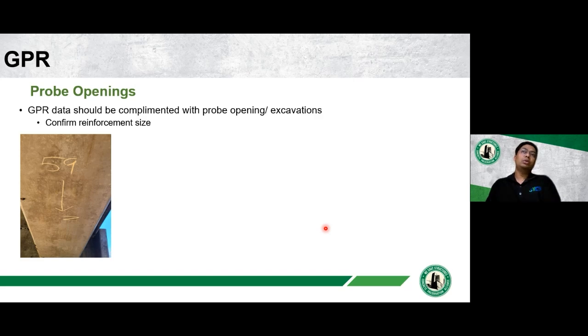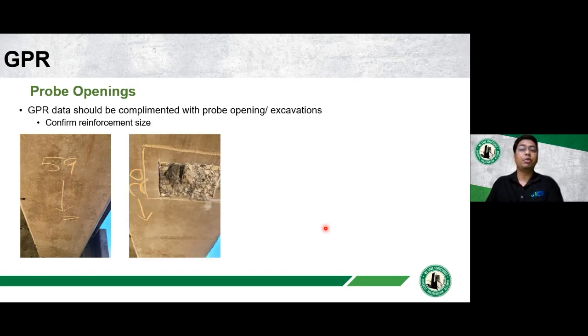In addition to laying out how the rebar is placed in the structure, it's highly important that we also know the size of the reinforcement. It is a critical piece of information for the load rating calculation, and that's why it becomes necessary to make probe openings.